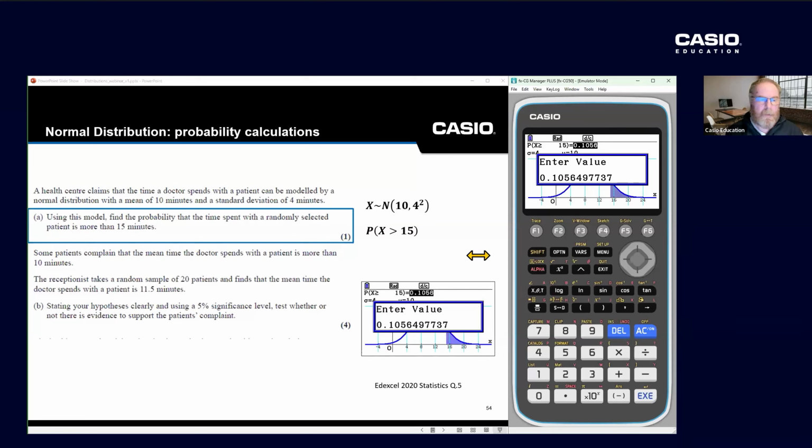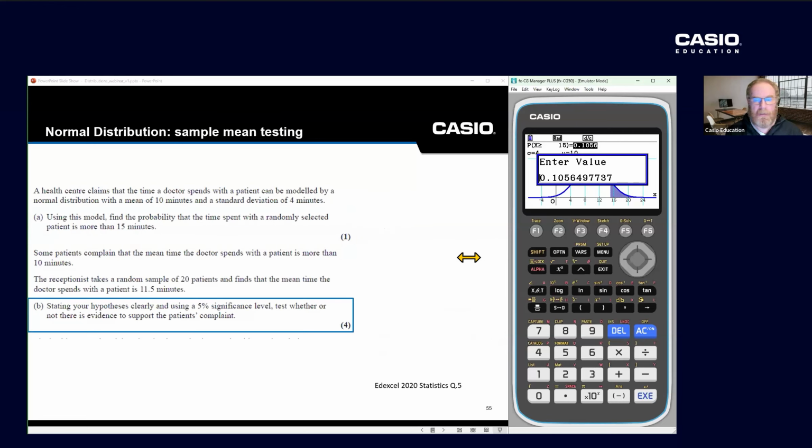Okay. Next part of this question is hypothesis test. What we have here is a sample of 20, so we've got a sample distribution. We've got a hypothesis, so it's 10, but we think it could be more than 10. And we're looking for more than 11.5.